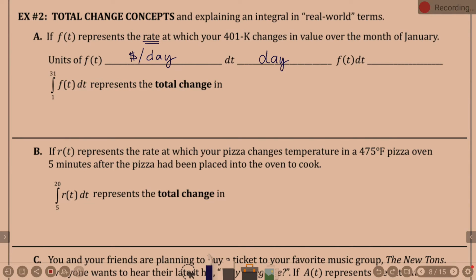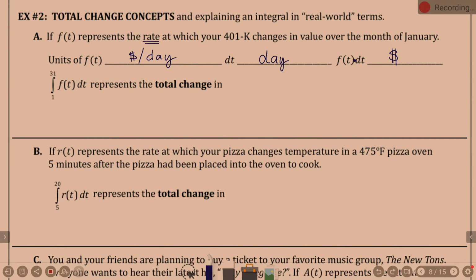Now, f of t dt, that is f of t times dt. What is f of t times dt going to result in? Okay, if it's dollars per day times days, days will cancel and we'll just be left with dollars, money.